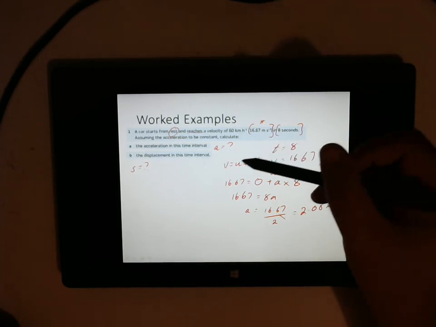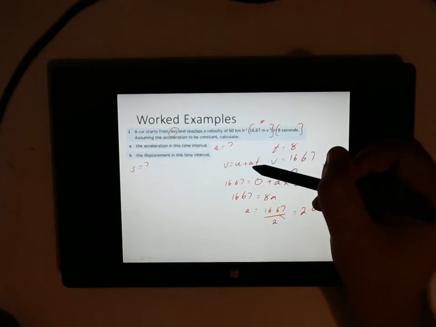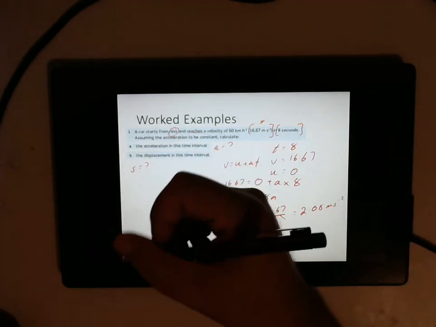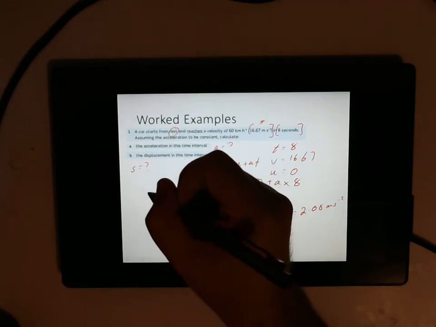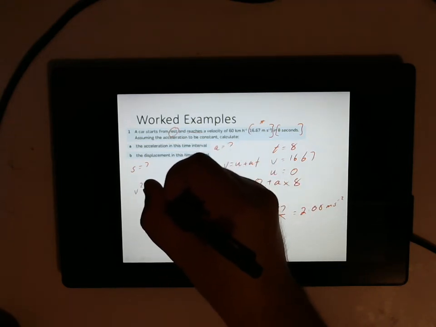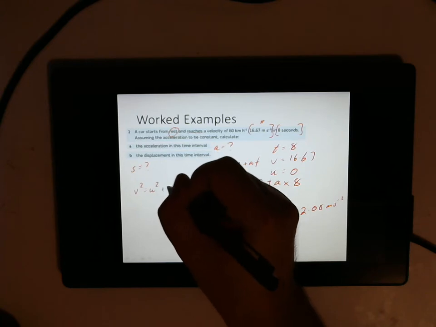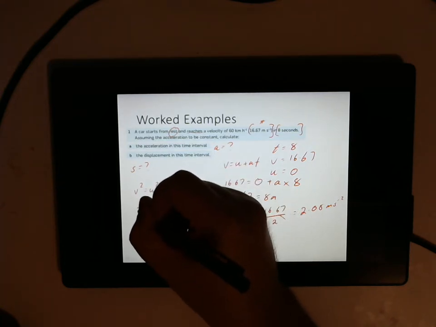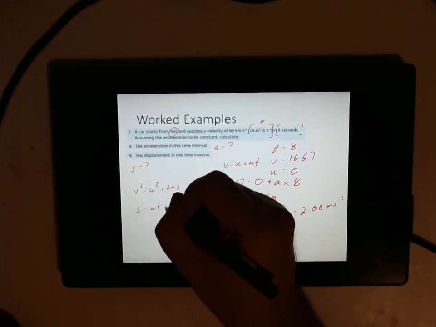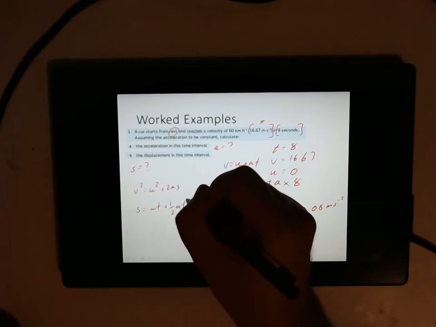Okay, now the first one can't because it's V equals U plus AT, but the other 2 equations that are in your formula booklet are V squared equals U squared plus 2AS, and S equals UT plus a half AT squared.